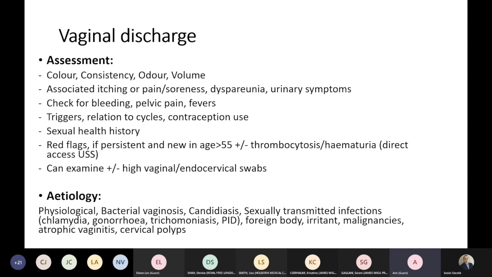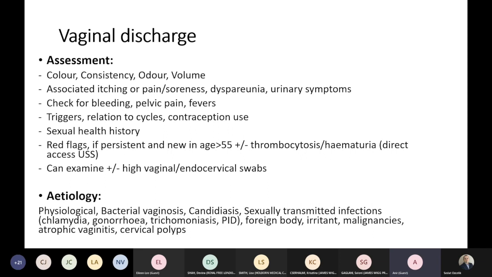One thing that I noticed on preparing this teaching was that actually vaginal discharge is a red flag criterion in someone over the age of 55 when you are worried about endometrial cancer. So typically with endometrial cancer, we tend to worry about postmenopausal bleeding being the common presentation.